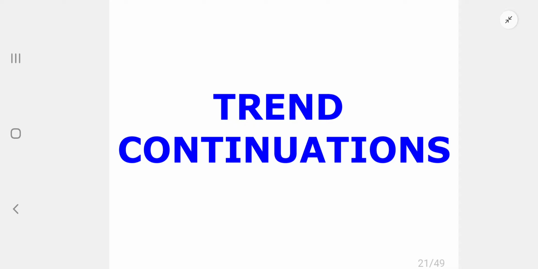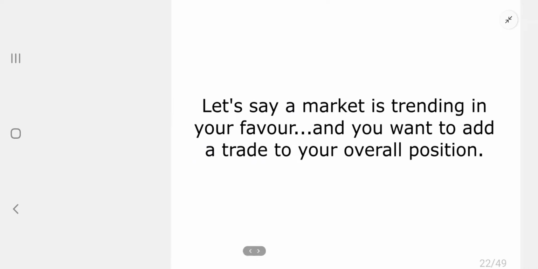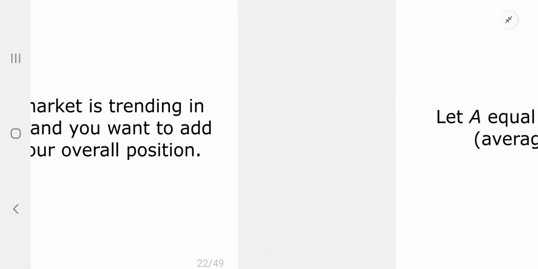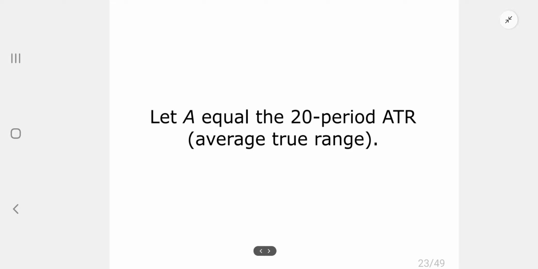Trend continuations. Let's say a market is trending in your favor and you want to add a trade to your overall position. Let A equal the 20 period ATR or average true range.